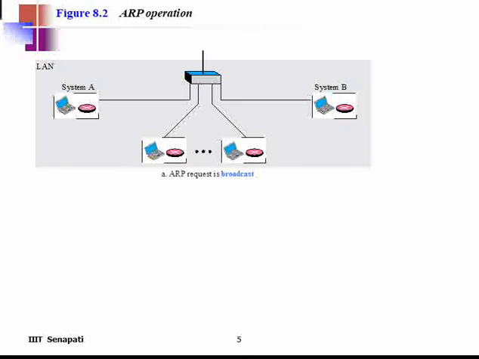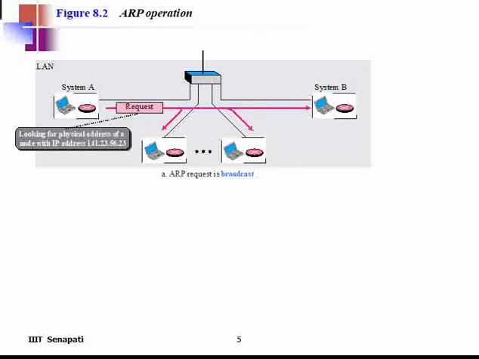So how does it operate? Basically, system A wants to communicate with system B. Now this A doesn't know the physical address of B. In that case, it will use a broadcast message to all the routers or nodes in this network and ask them about the physical address of this particular IP address.